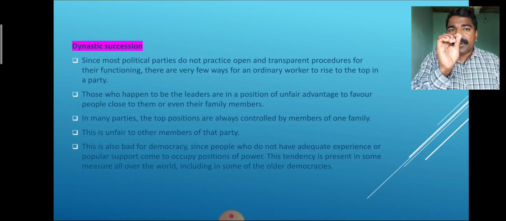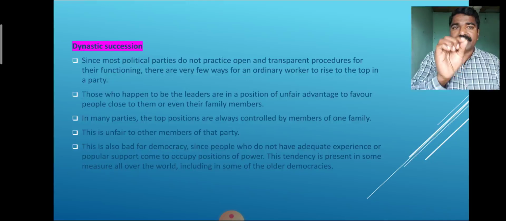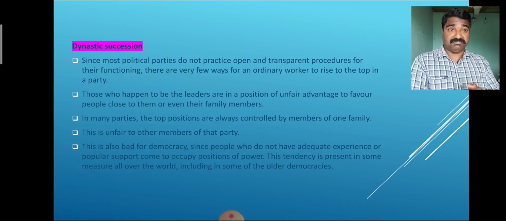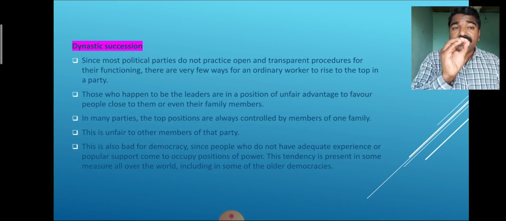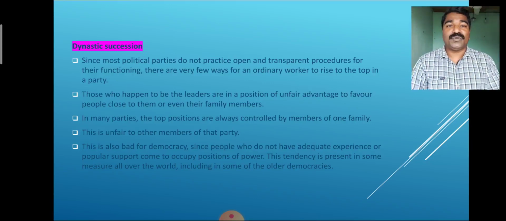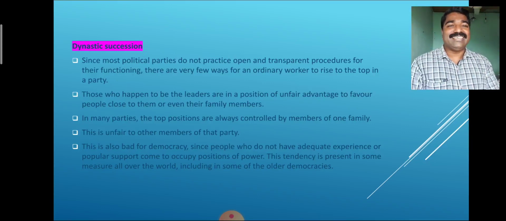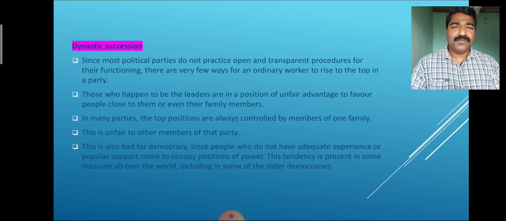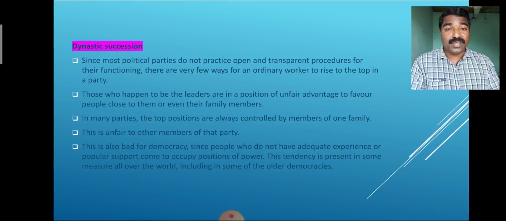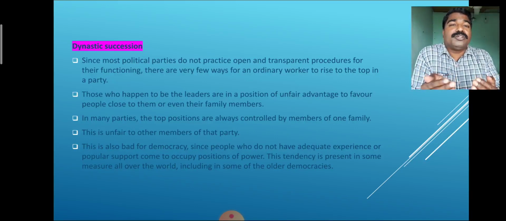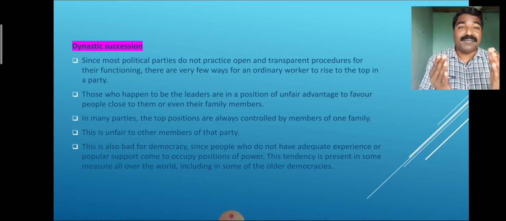Those who happen to be the leaders are in a position of unfair advantage to favor people close to them or even their family members. You are getting an unfair advantage to favor the people close to you and your family members.